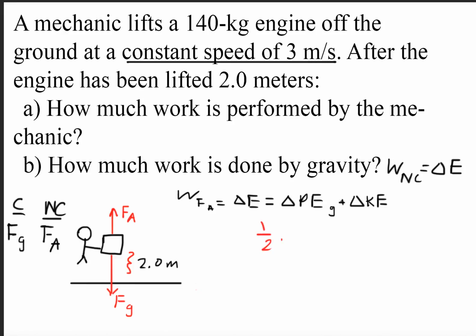So 1/2 mv final squared minus 1/2 mv initial squared. Now, again, to recap real quickly, I'm writing this out to show how the change of kinetic energy is 0.